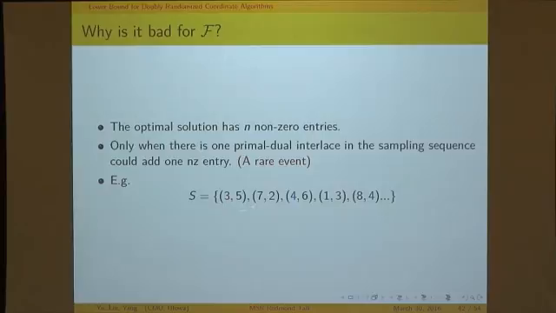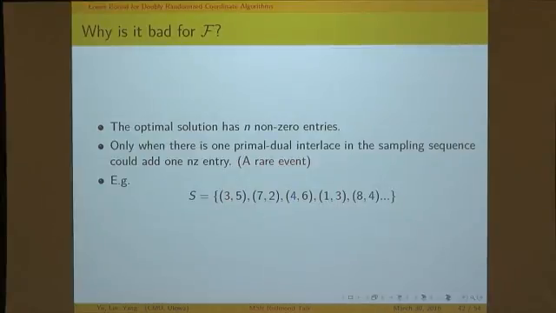Now, this is an example of a sample sequence, and I will explain what the interlace is. Each bracket is a primal and dual index pair that is sampled. This is for iteration 1, this is for iteration 2, and so on and so forth.